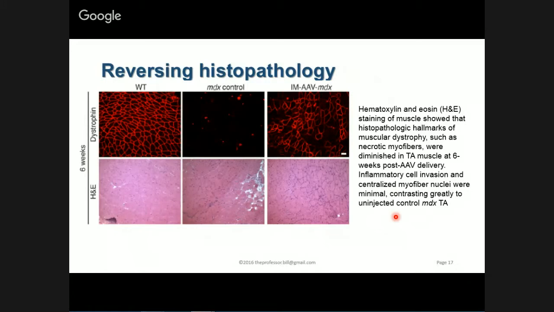And this tells us that without this intervention, in the middle panel, there are a lot of inflammatory cells coming in because it's degenerating. Remember, it's necrotic. We don't see that with the CRISPR-Cas9. In addition, and it's hard to see on this particular diagram, a lot of the nuclei for the myofibers are misplaced. H&E staining tells us about inflammatory cells, and it tells us about cellular structure under normal conditions.